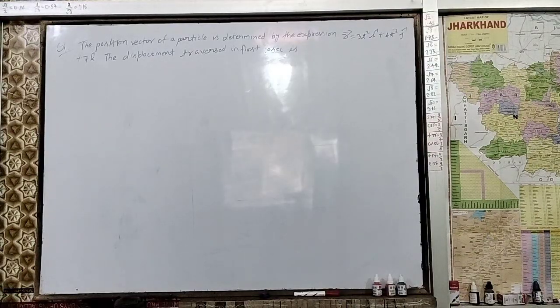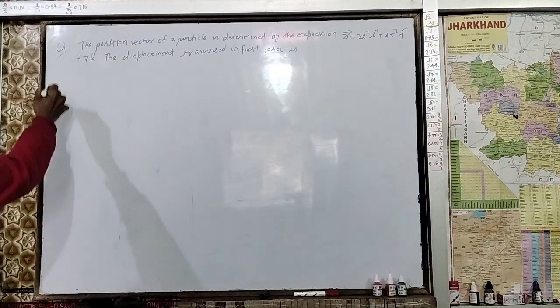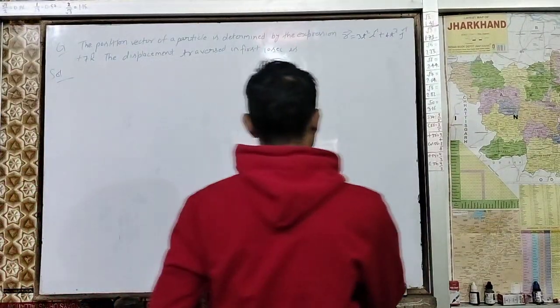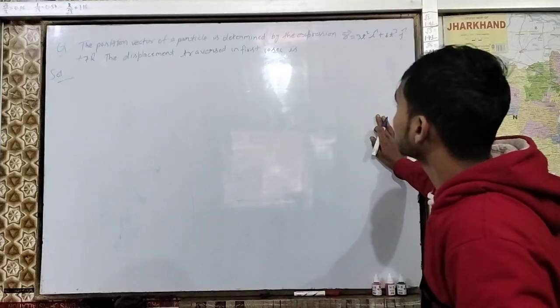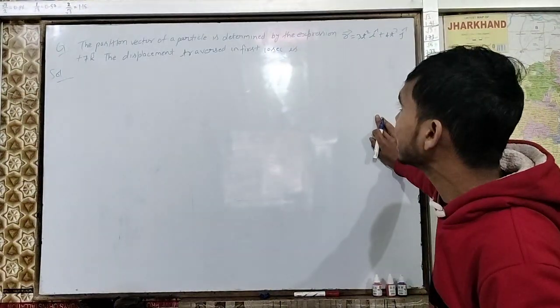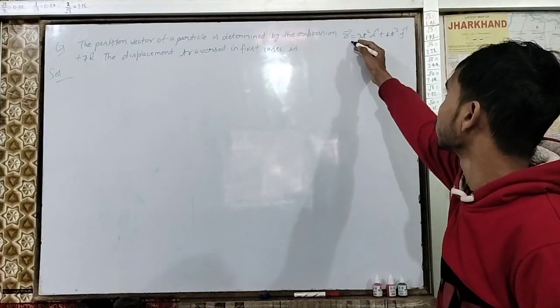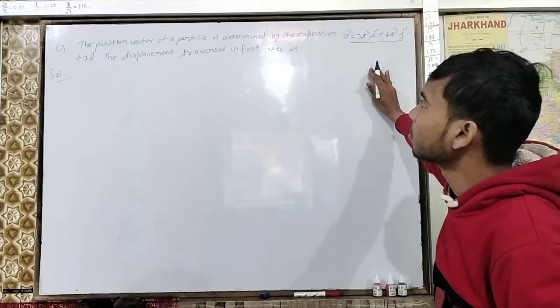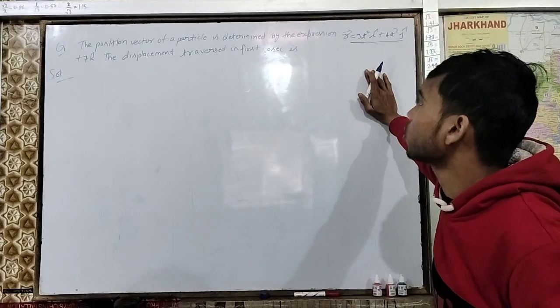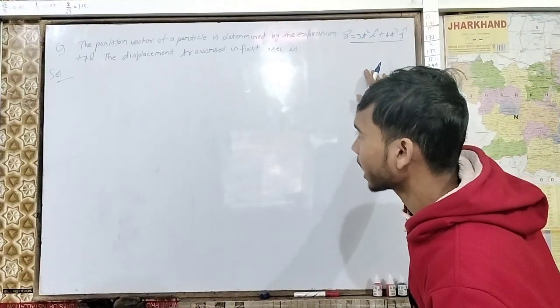Look at over here. What is it asking? It is asking the position vector. The position vector of a particle is determined by the expression 3t² i cap plus 4t² j cap plus 7k cap.